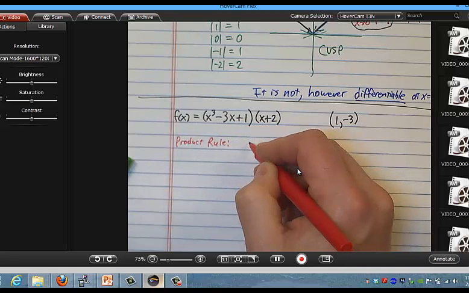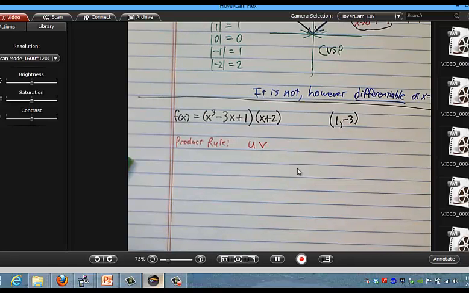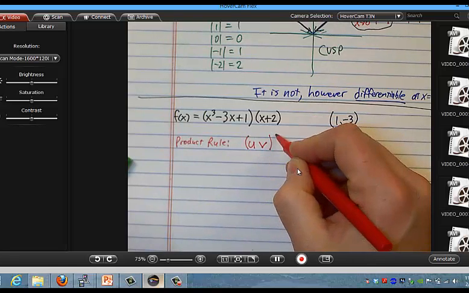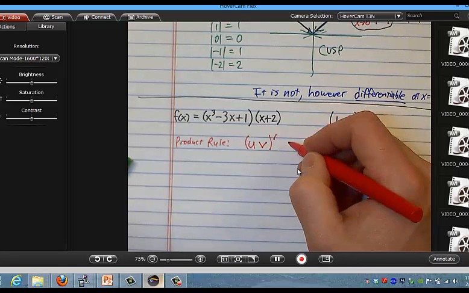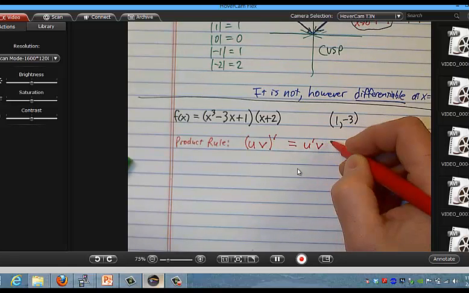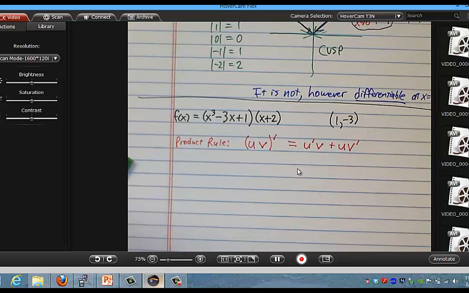If you have a product, u v, and by the way, anytime I write u or v, I'm really saying u of x, v of x. Those are functions of x. And if I put that little prime, what does that mean? Derivative, right? So the product rule is: take u prime times v plus u times v prime. That's the product rule.